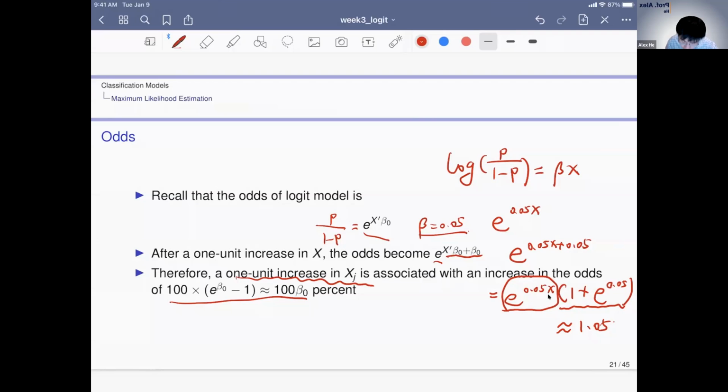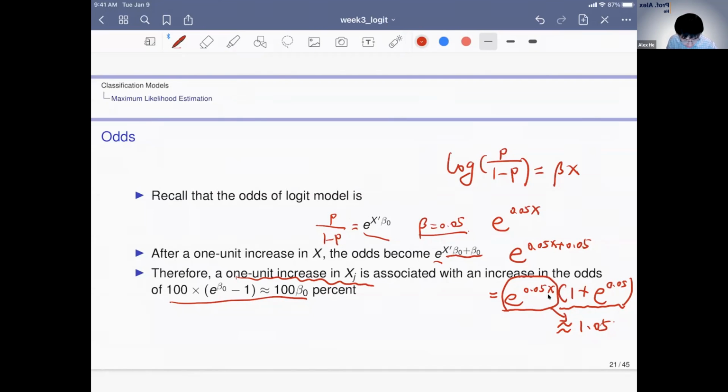So which means when beta equals 0.05 and when x increases by 1 unit, that predicted probability, sorry, this is the odds. So the odds goes up by 5%.